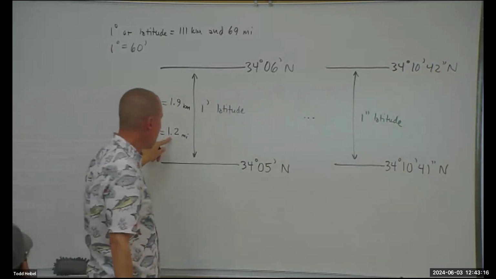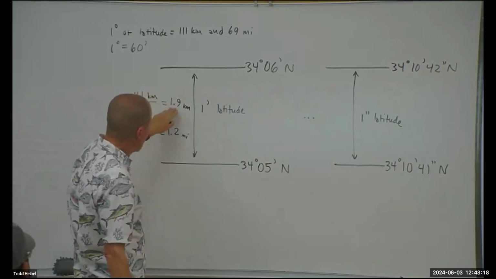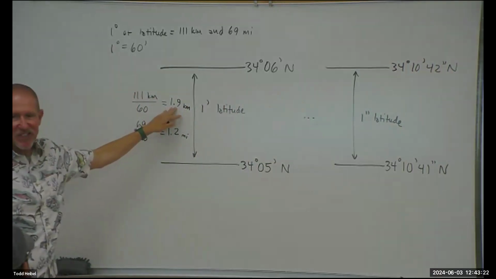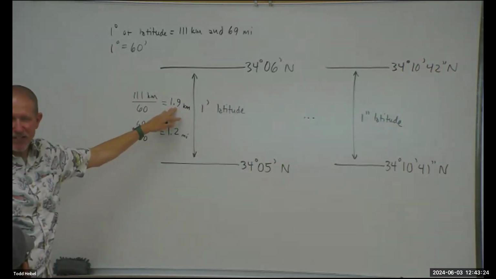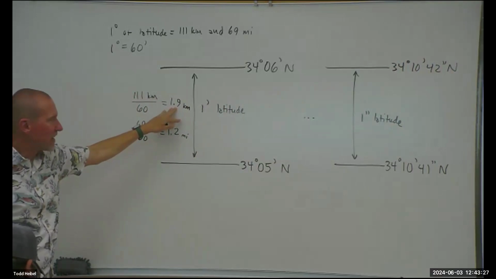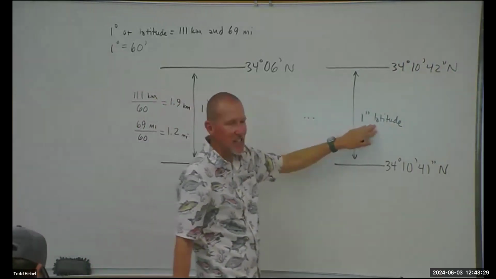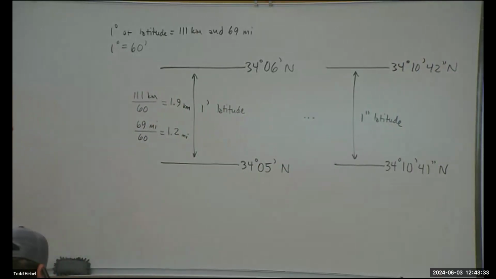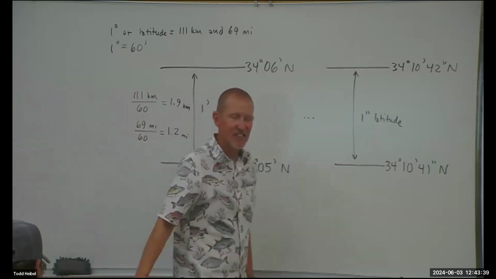And then when we end up doing this, what is 1.9 divided by 60? Somebody do that real quick. We'll just do this last one real fast, just to show you how precise we can get by splitting it into 1 second. And then we'll move on, I promise, because I want to do some Earth-Sun related stuff. 0.0316.